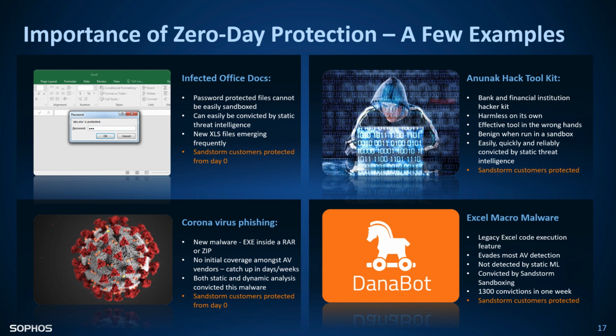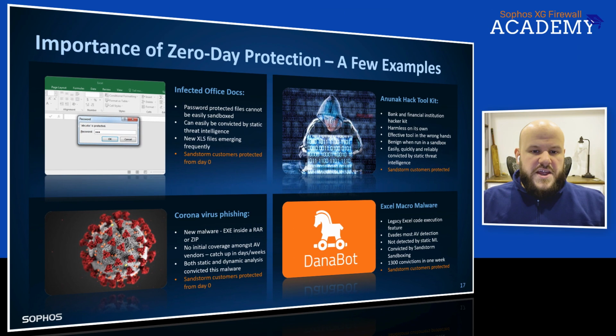First, infected Office documents are often attached to phishing or spam emails and even available for download on many sites, which can be easily convicted by static threat intelligence. Next, the Anuna hacking tool, which is a bank and financial institution hacker kit that is also easily, quickly, and reliably convicted by static threat intelligence.